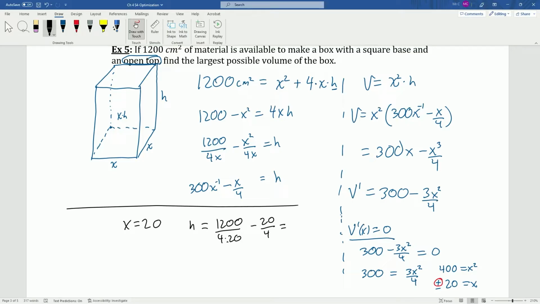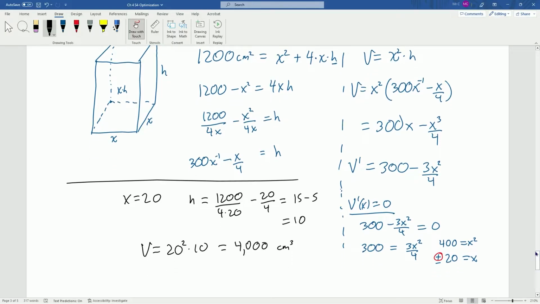That's 300 divided by 20. It's 15 minus 5. That's 10. So h is 10. And so the largest possible volume should be 20 squared times 10. That's 400 times 10. That's 4,000 centimeters cubed.